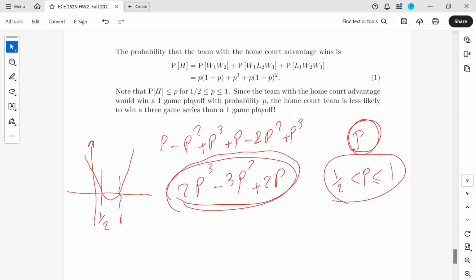Are we clear how we did that combination? So we need to calculate each of the 2 combinations, and within the interval of probability that we have, we compare them. If you compare them, you could cancel out a p from each of these equations. So it's going to be 2p squared minus 3p plus 2.